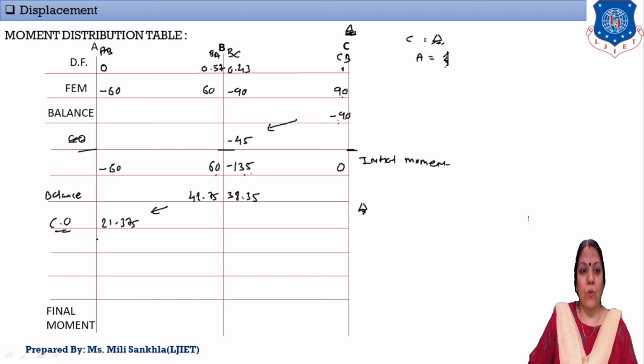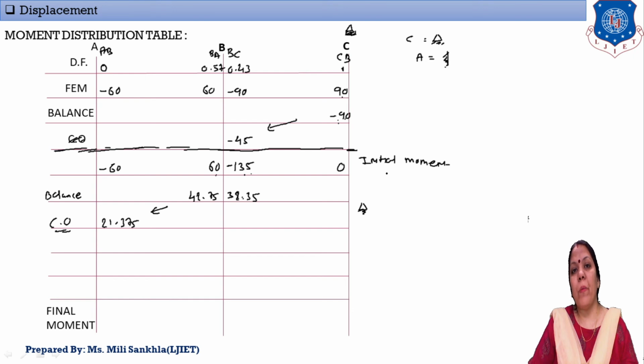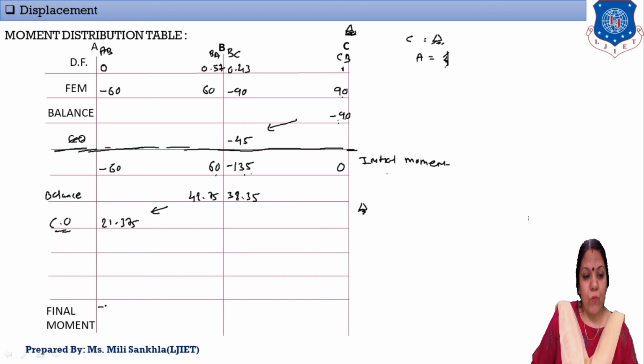Final moment is equal to the summation of these moments: minus 60, then 21.375, and this moment first. Summation we take from this initial moment. Remember that this is our new moment, and we make a summation from this, minus 60, 21.375, and this moment is equal to minus 38.625.